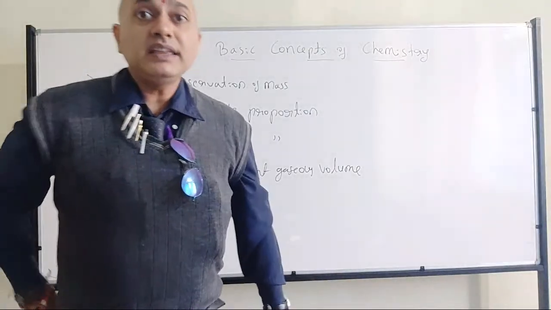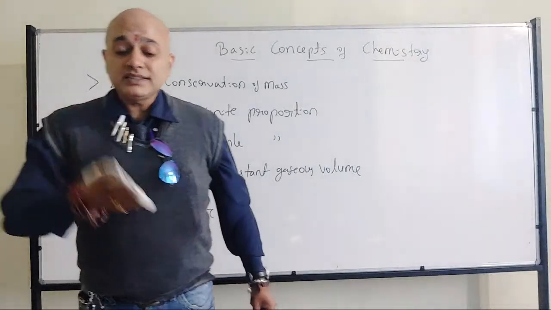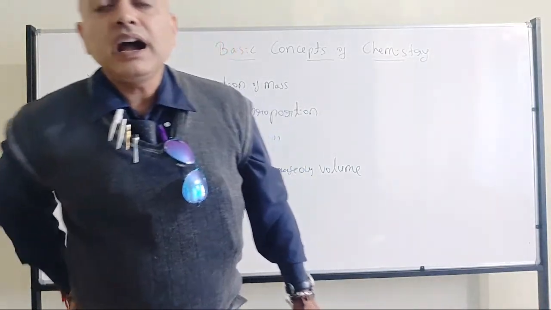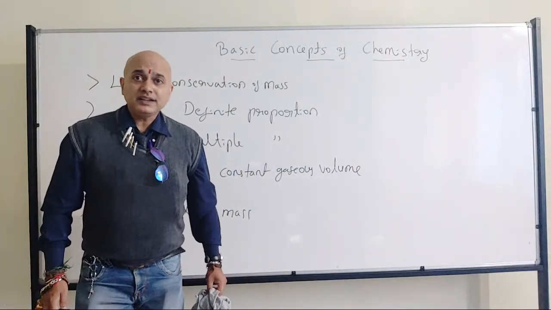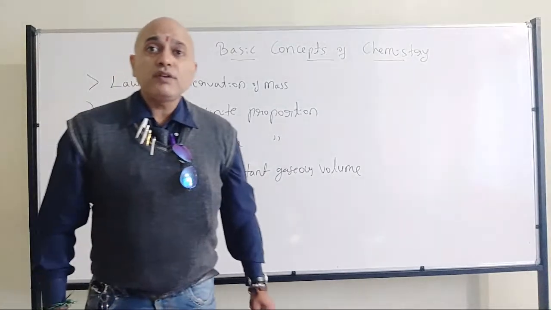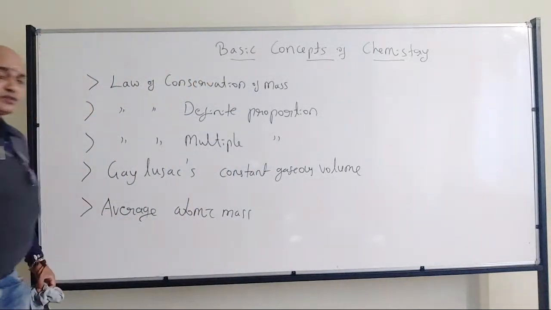What do you mean by that? Why is it called average? Naturally, it is applicable for those elements which have isotopes. Most of the elements in the periodic table have isotopes, so it is applicable for almost all the elements.